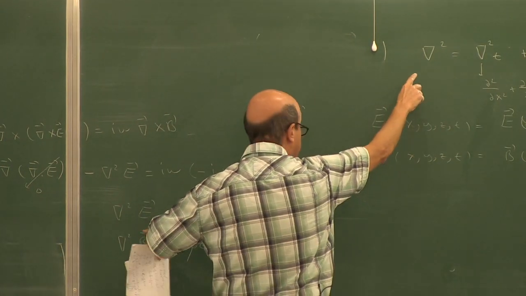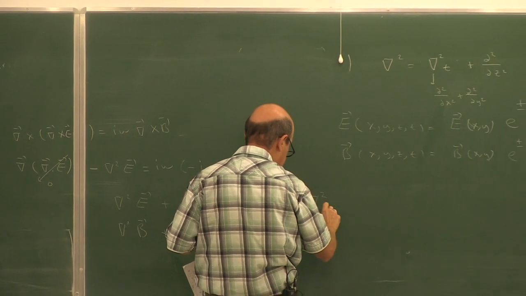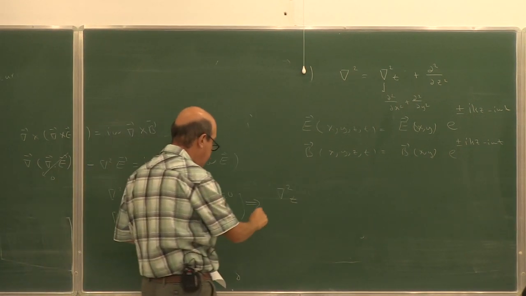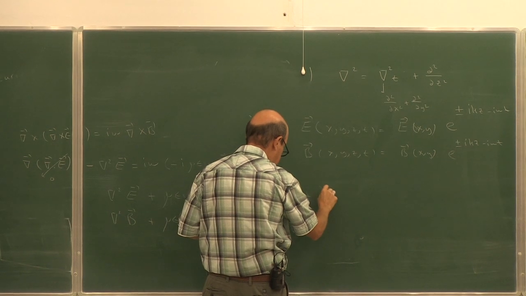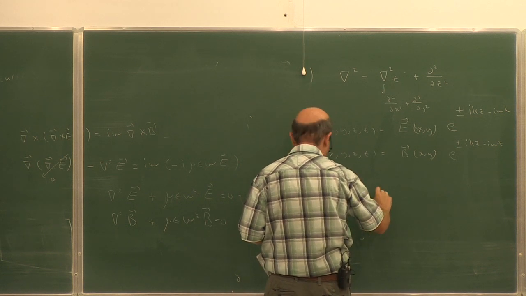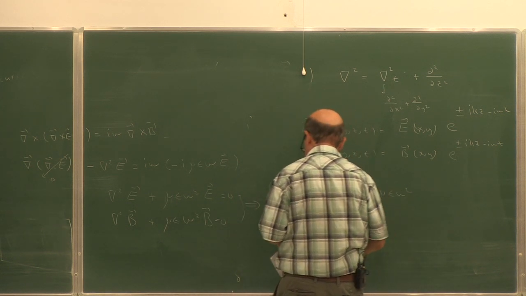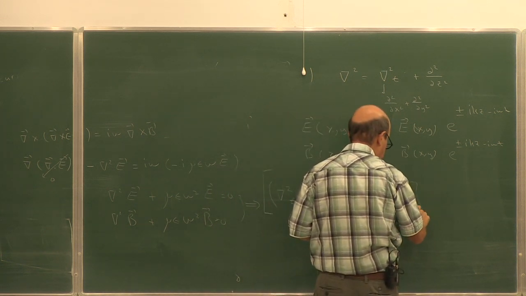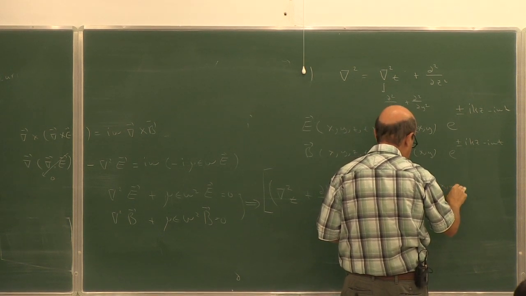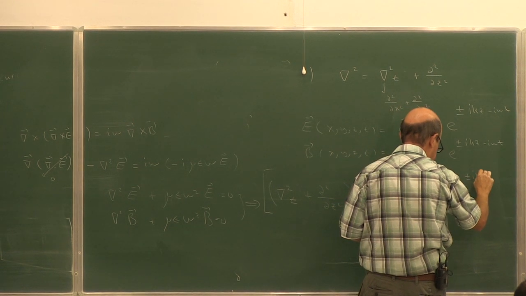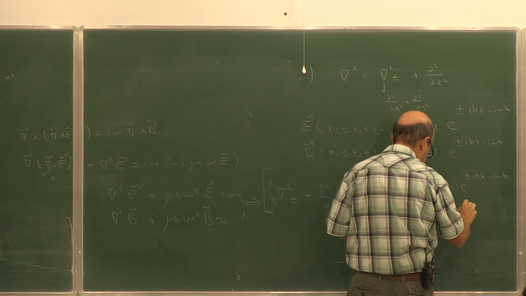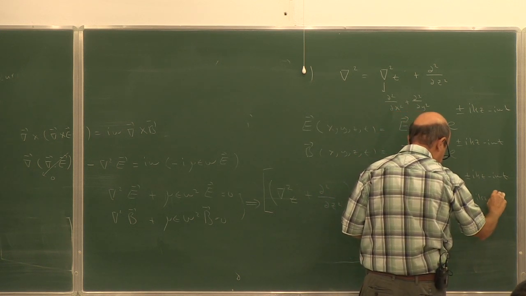For example, take the Laplacian as the transverse Laplacian, T represents the transverse, plus del square over del z square plus mu epsilon omega square, and substitute one of those or both of them, E(x,y) e to the plus minus i kz minus i omega t, B(x,y) e to the plus minus i kz minus i omega t.